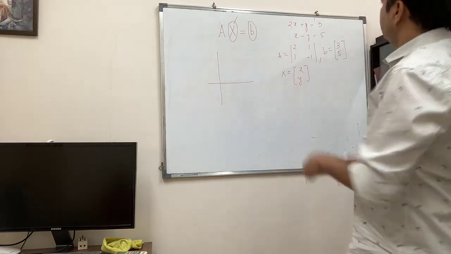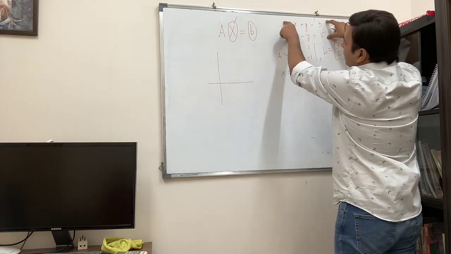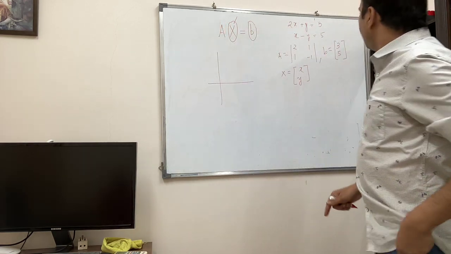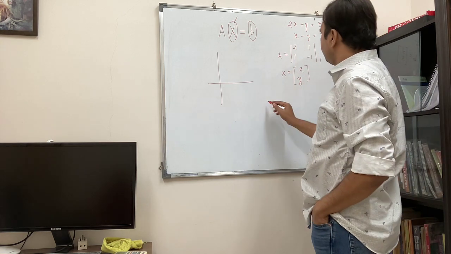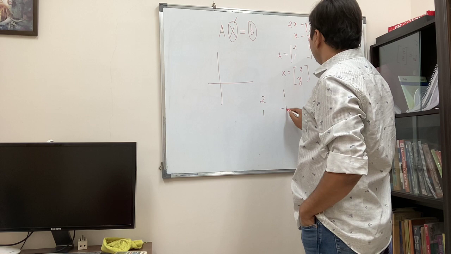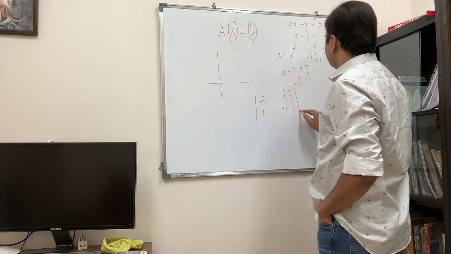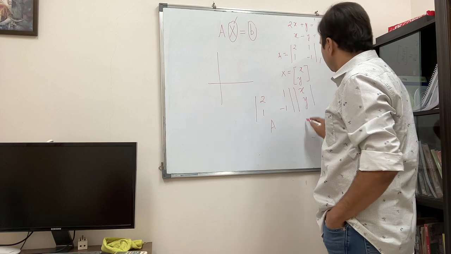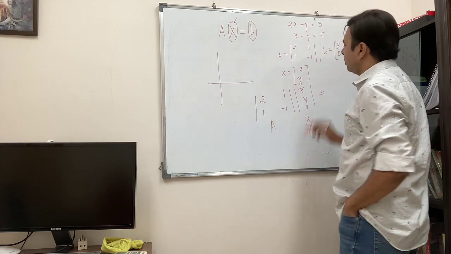And if you think of these two equations written like this, I can write it in matrix form like Ax is equal to b. How can I write like this? So if I multiply 2, 1, 1, minus 1 with x and y, so this was A and this is x, what will you get?